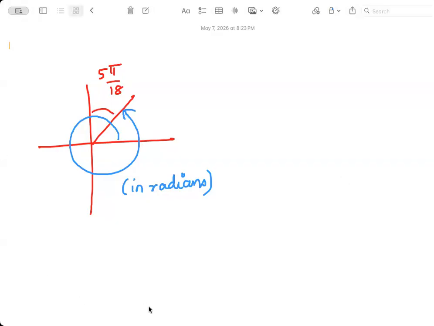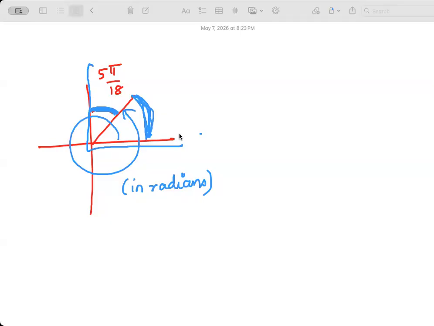Okay, let me show you guys for one or two more. This is 5 pi by 18, which is given. Unless I understand what this angle is, I'm never going to be able to find this angle in radians. This is pi by 2 radians, so from pi by 2, can I subtract 5 pi by 18? That will become 4 pi by 18, or 2 pi by 9.